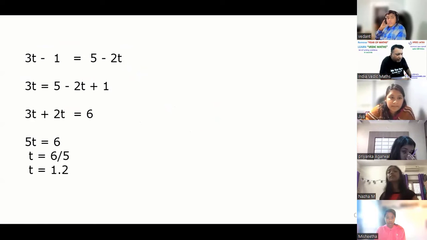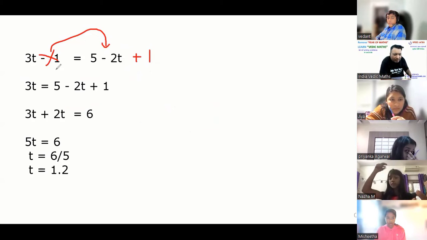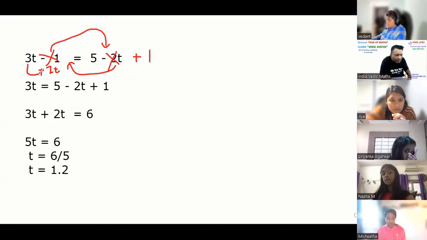See, negative one will go here and become positive one. So this is gone, correct? Negative 2t will come here and become positive 2t, agree? Yes, sir. This is gone. So how much is here now? 3t plus 2t, 5t. How much is here? 5 plus 1, 6.